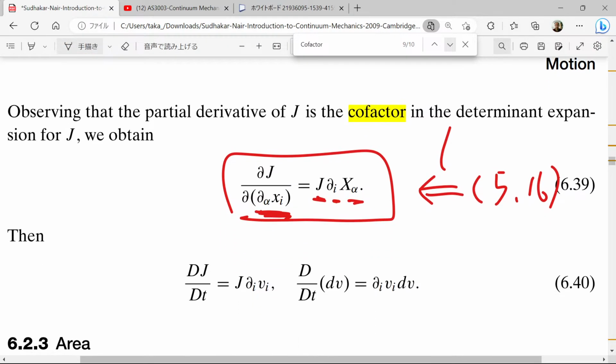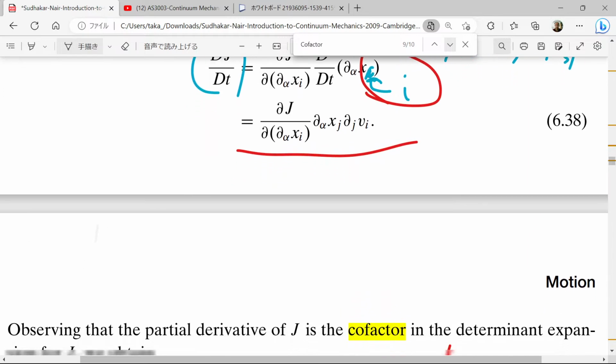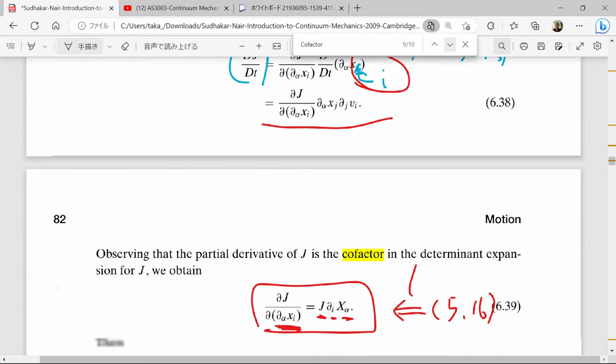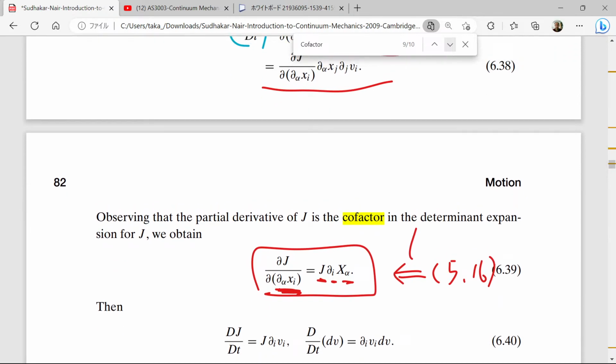Okay. So then, what is this? We take the derivative of J. We use this J partial i.